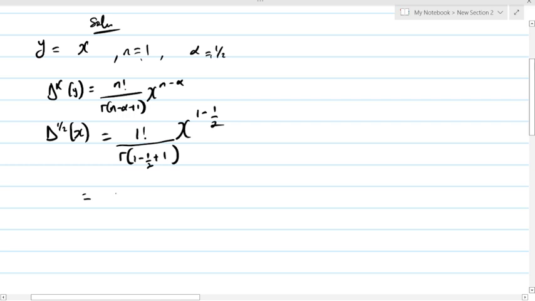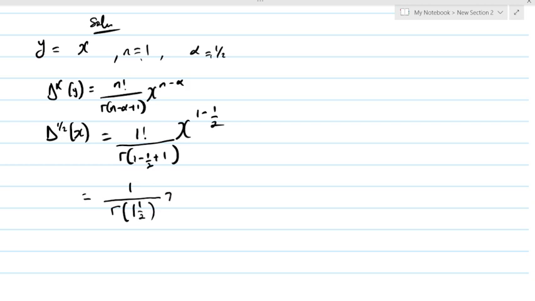So now we have 1 factorial, that is 1, over gamma of 1 plus half... that is, 1 plus 1 is 2, minus half gives us 1 and a half, times x raised to the power 1 minus half, which also gives us half.